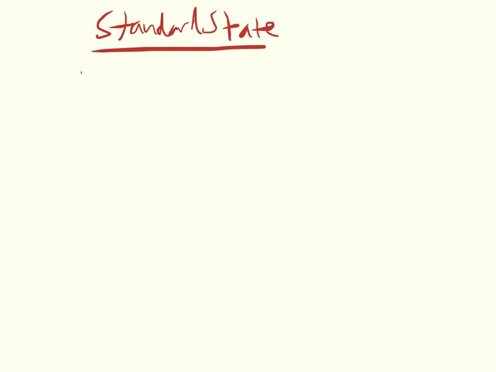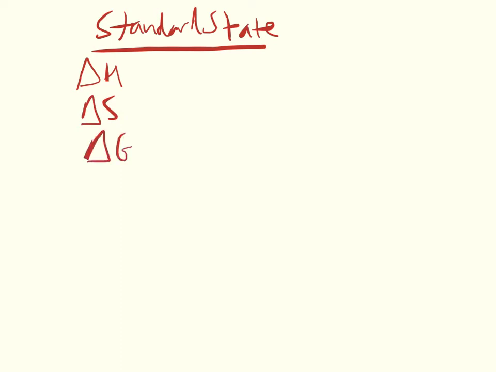Well, we know three different values and how to use them with their standard states. So those three values were enthalpy, delta H, entropy, delta S, and Gibbs free energy, delta G.